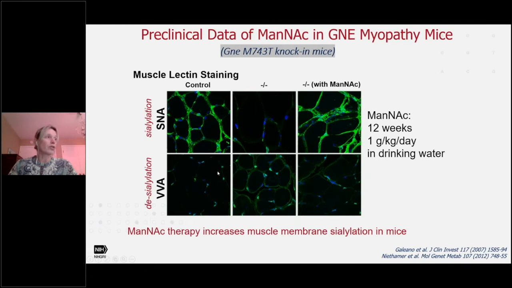In the normal, it's almost absent, and in the mutant, you have a strong VVA signal. After ManNAc therapy, in this case 12 weeks in the drinking water of these mice, you see the SNA signal fully coming back. So ManNAc in drinking water resialylates muscle membranes, while the VVA signal is greatly decreased.